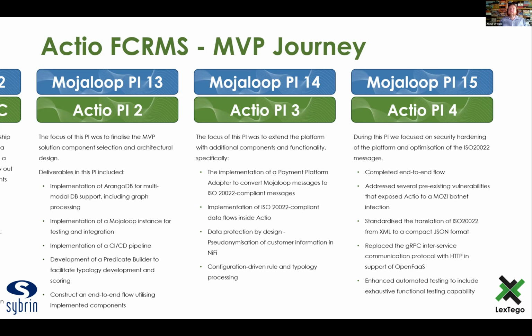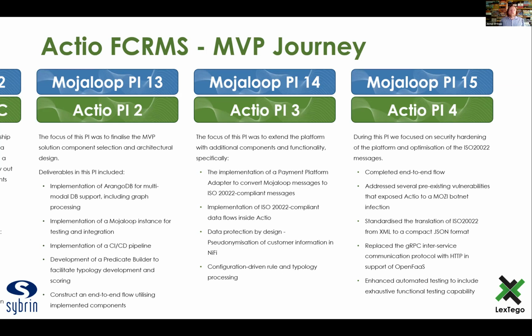Our initial delivery of the format for our first message, the pain.001 message, didn't replicate very well. So we went back to the drawing board in this PI and refactored that message to come up with a slightly more standardized and compact JSON format, which we can also show you.